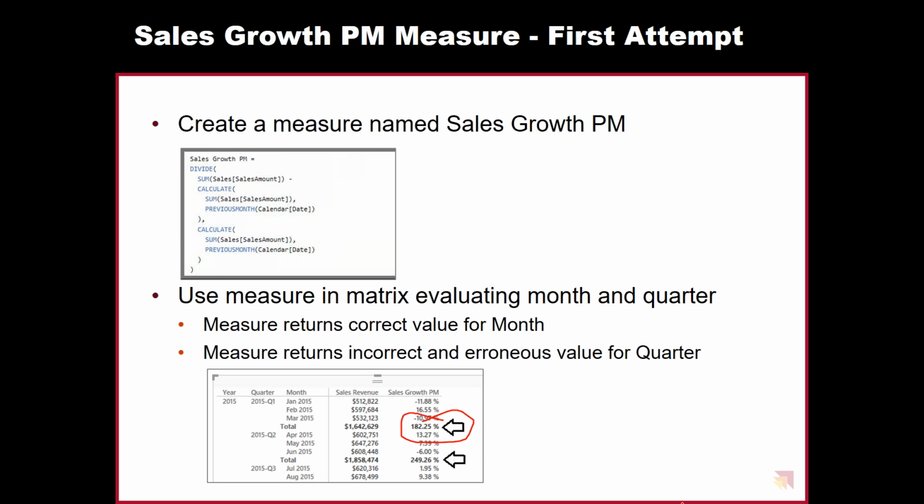When we wrote this DAX expression, we made the assumption, maybe implicitly, maybe I didn't think it through, that it was only going to be used when we have a context filter which is filtering at the month level. And you can see that when the context filter filters at the quarter level, all of a sudden this DAX expression breaks down and shows just a large erroneous result that has no meaning but scares the heck out of my users.